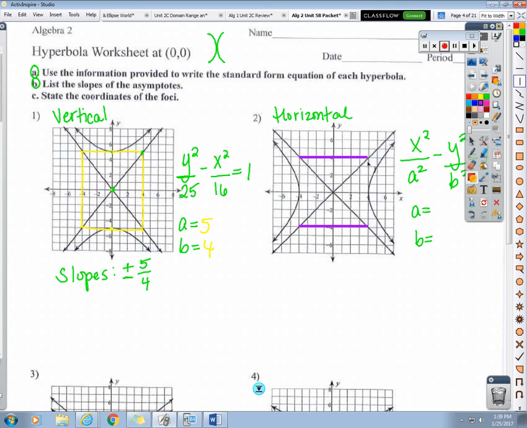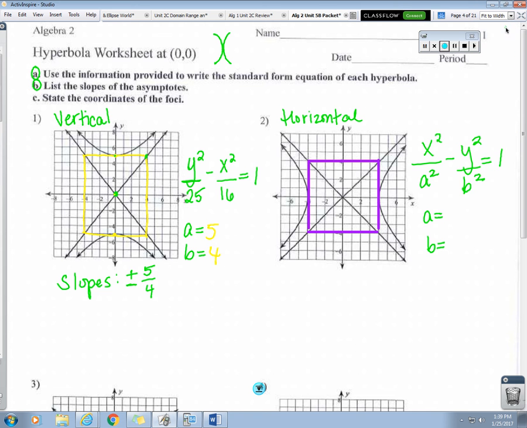And then from the vertex. Okay, so does everybody see how to draw in the box? Okay, now that you have the box, you can figure out the A and the B. The A is under X, so this time A is our horizontal distance from the center. So from the center to the side horizontally is how many units? 4. And then B is under the Y in this equation.